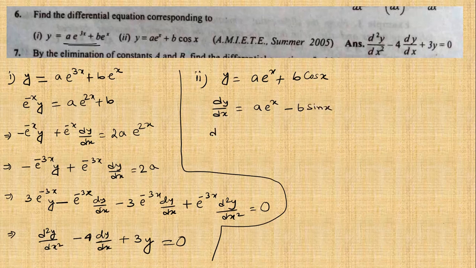Then if you take the derivative again, d2y dx square, this is a e to the power x plus b cos x minus b cos x.